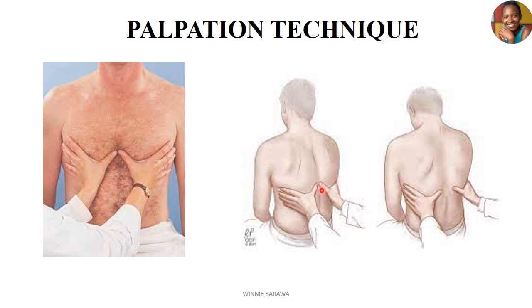Same thing with the back. At the back, like I said, below the scapulae, you place your hands there, pull them together until the thumbs are touching each other, and then you tell the patient to breathe in and check the expansion. As you can see, this is before the inspiration, and after the inspiration you can see how the thumbs are moving away from each other.